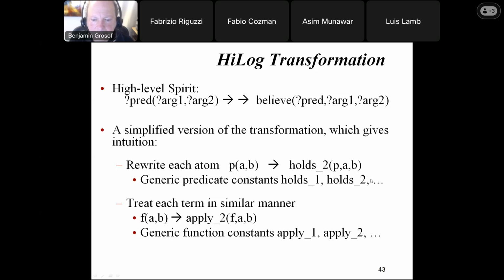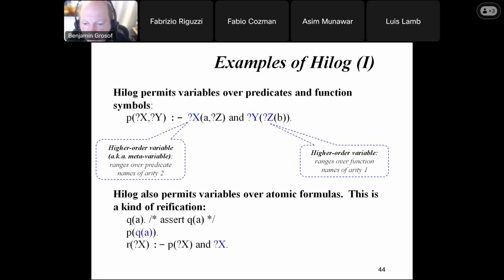So we have a particular set of those. Usually you don't have such a huge arity, so order 10 is about the max that is practically non-onerous to stick to. And you can treat each term in a similar manner, where you have a generic function constant particular to the arity, and then have a set of those. Again, you can have a limited number of them, say approximately 10.